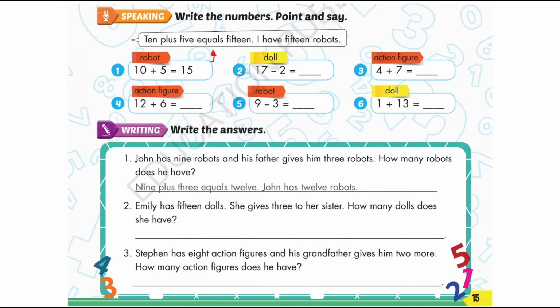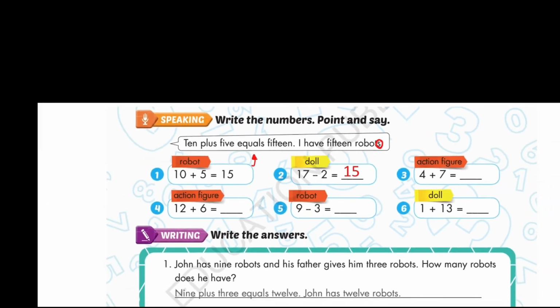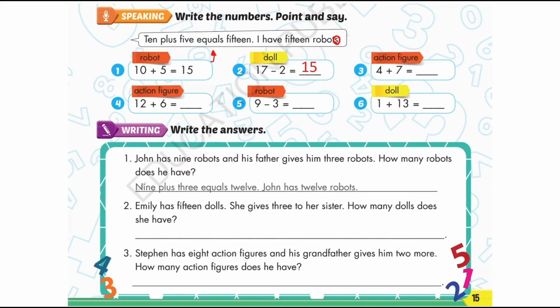What's the answer? Do you know it? 17 minus 2 equals 15. I have 15 dolls. Don't forget to put S in the end if it's more than one thing.